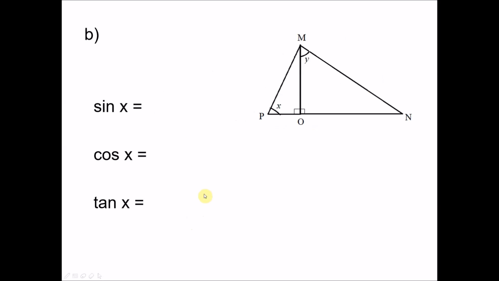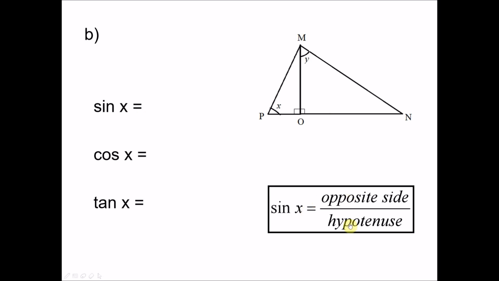Now we go to question B with a different diagram. Again, this diagram has two triangles. If you want to refer to the angle X here, we only look at this left triangle, which is triangle MOP. We ignore the right hand side triangle for now. For sine X, use the formula opposite side over hypotenuse.